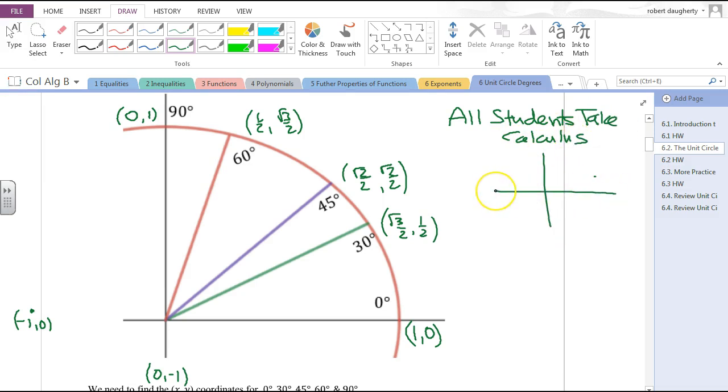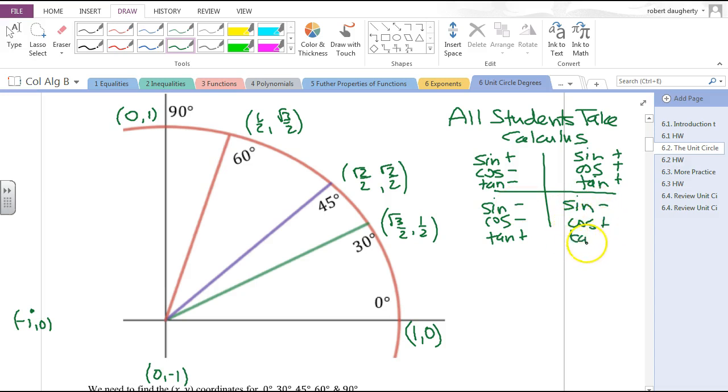That means when you look at the quadrants and you look at all the functions, they are all positive in the first quadrant. Students: only the sine is positive in the second quadrant. Take: only the tangent in the third. And then Calculus: only the cosine in the fourth. Okay, so that tells you plus or minus.